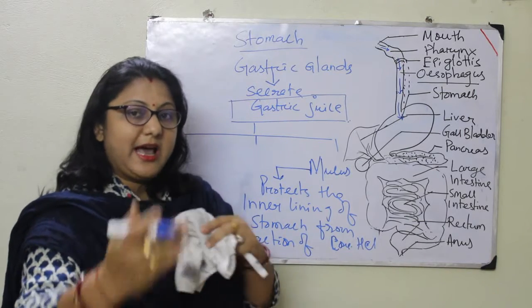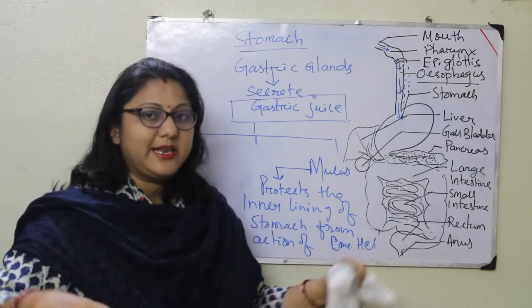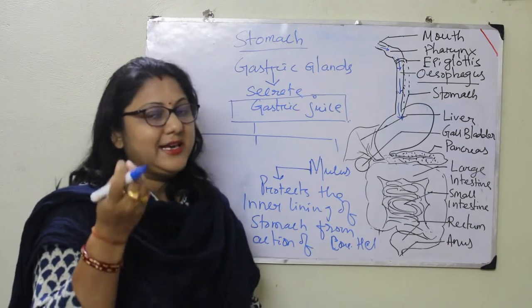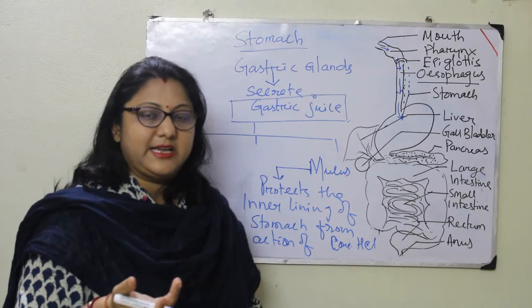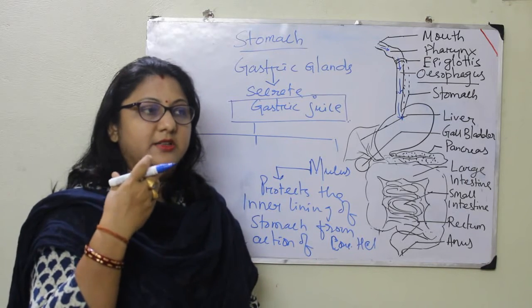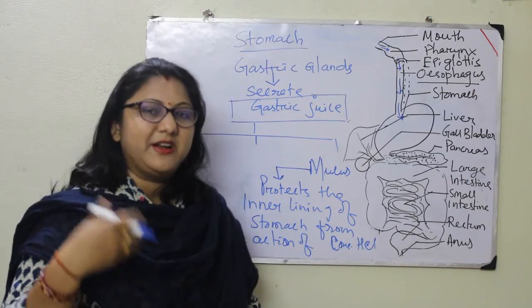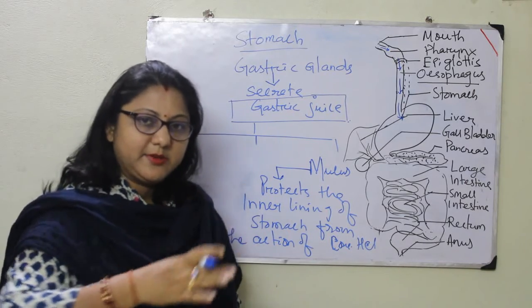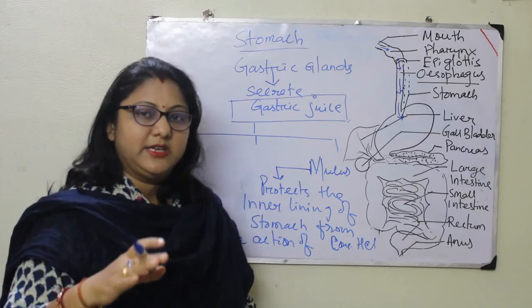So in between the acid and the inner lining, the mucus layer will be there. Mucus is a slimy, fluid-like substance, like nasal mucus, or mucus found in different parts of our body. So that protects the inner lining of the stomach.